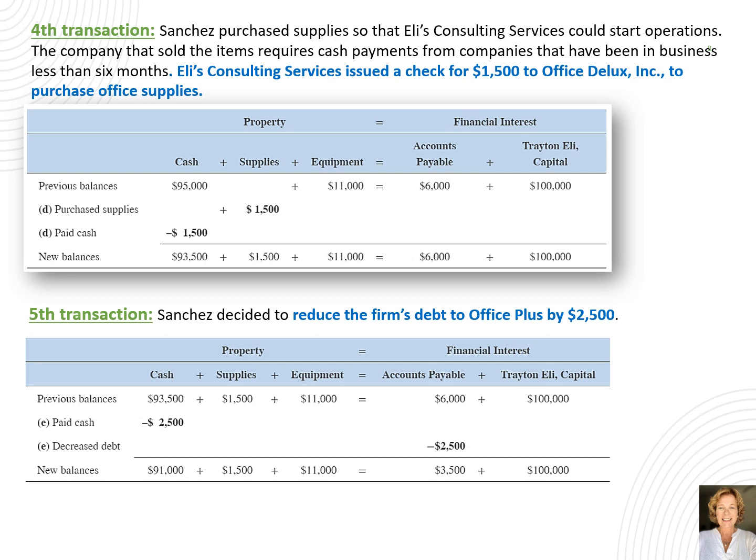Now that Sanchez pays part of the $6,000 that Eli's Consulting owes Office Plus, we need to reduce the accounts payable account, but we also need to reduce the cash. So we deduct $2,500 from cash and we deduct $2,500 from accounts payable.